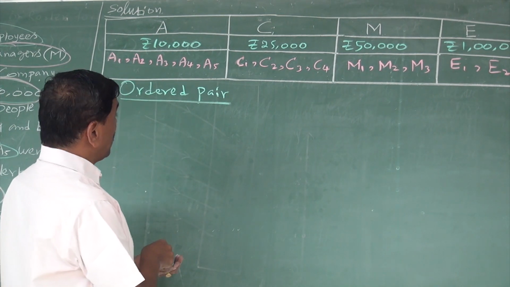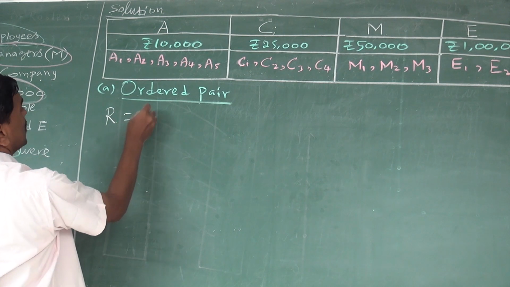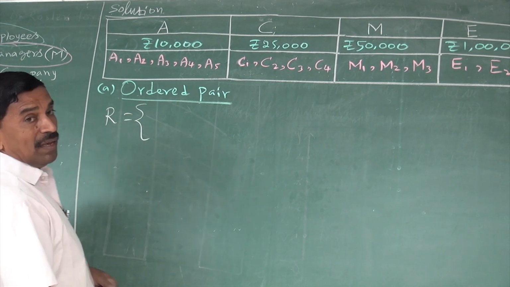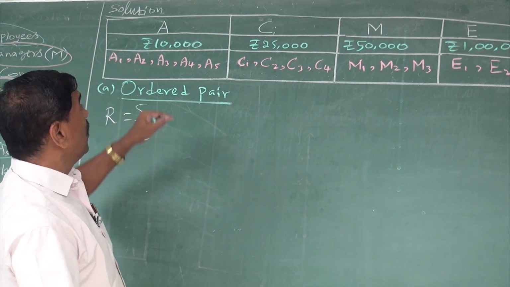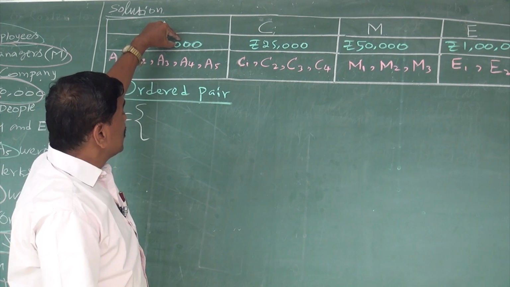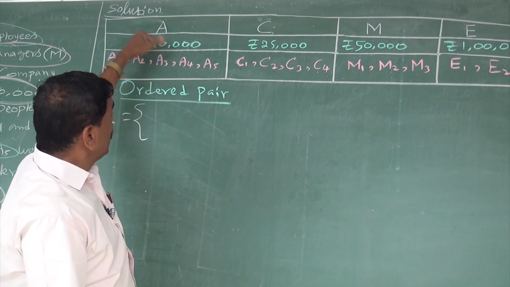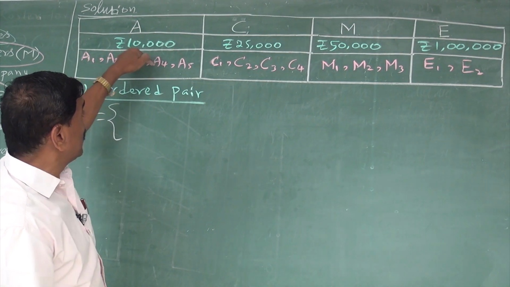The relation capital R is given by R is equal to, start the floor bracket, R is related to salary to person. Here salary 10,000 and the persons A1, A2, A3, A4, A5.